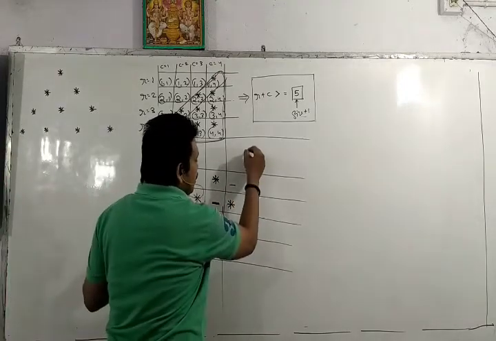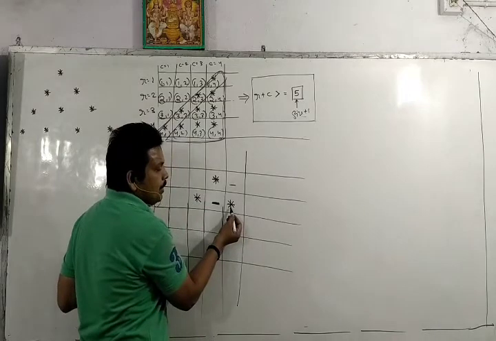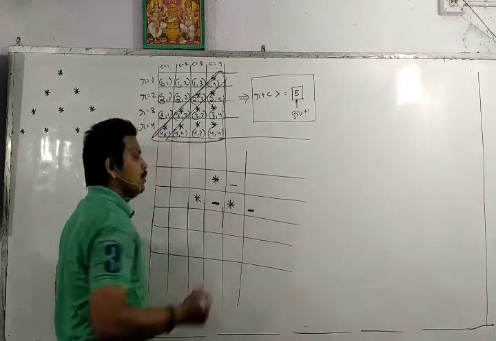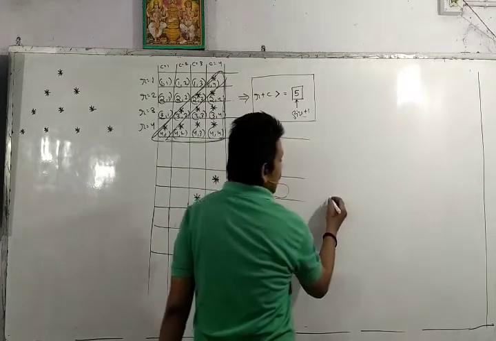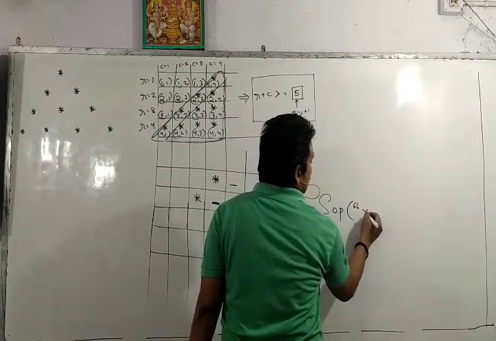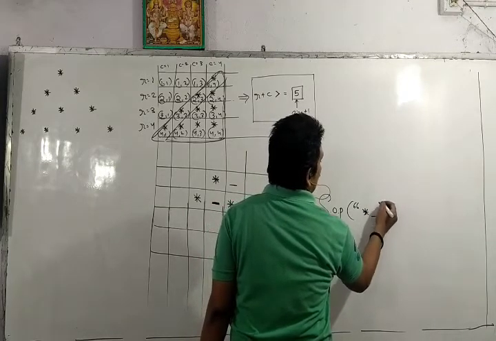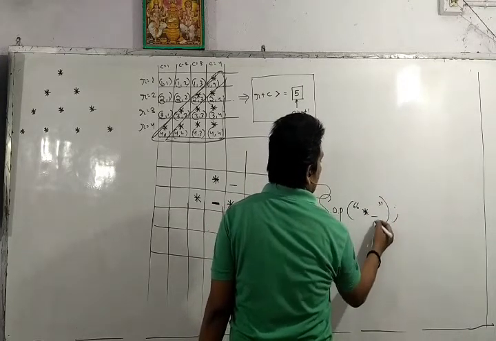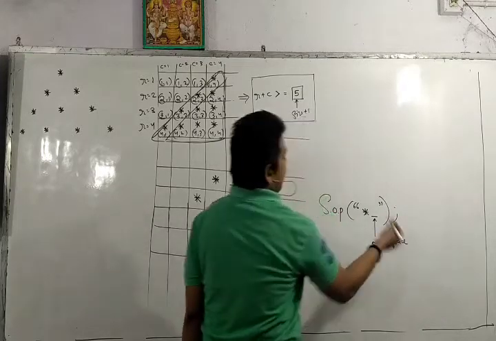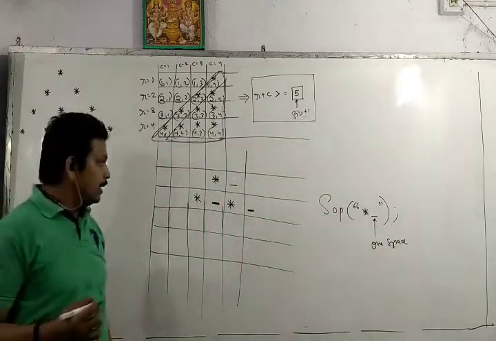And what is the condition? Whenever a star is printed, one space is also printed. Why? Because we will write System.out.print star and one space. This is one space. Star and one space. Clear?